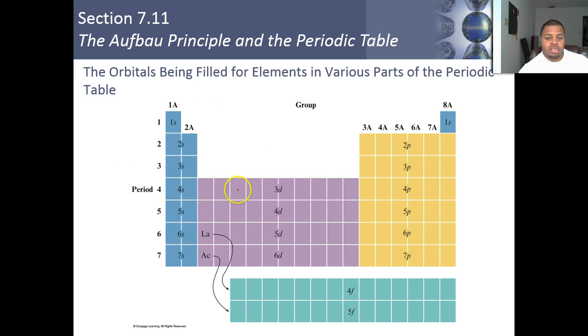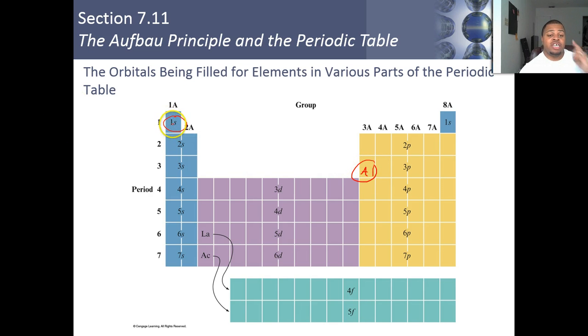If my goal is to get to this point, which is aluminum, I know that. If I wanted to write the electron configuration, basically I'm going to start from this point, and I have to work my way through each of the lines until I reach the element of my choice. Okay?